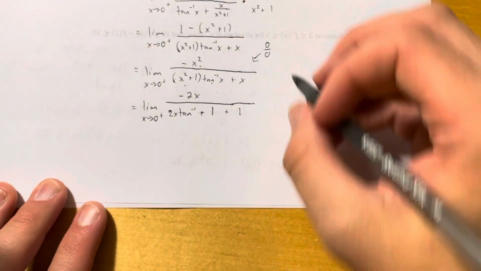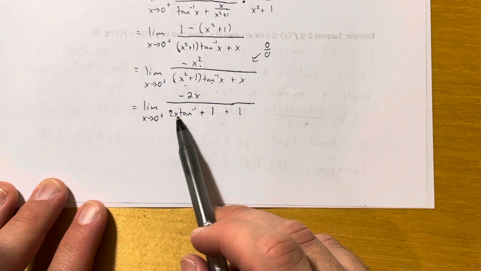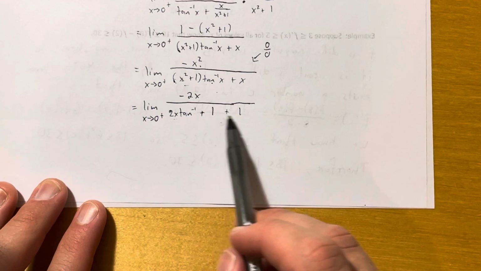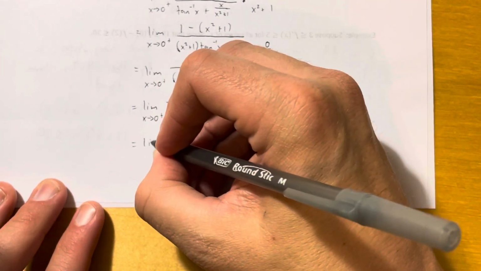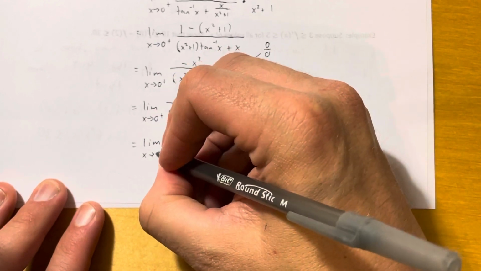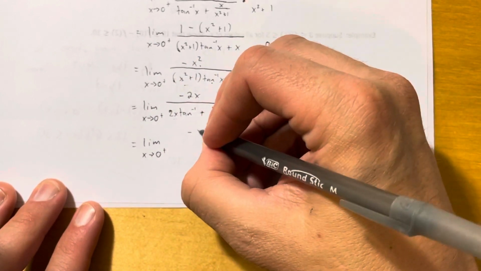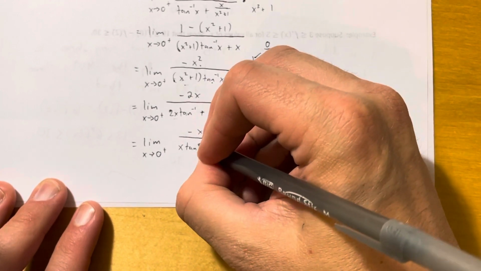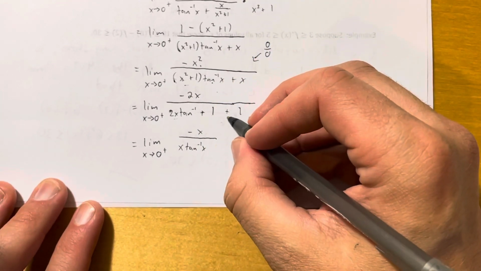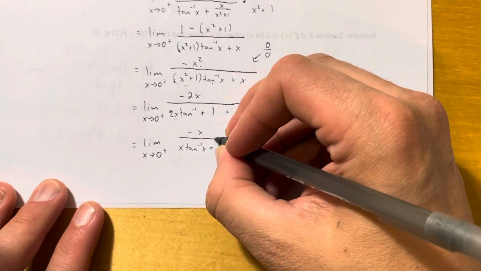Okay? Simplifying this down a little bit, I get 2x inverse tangent of x plus 2. I also have a minus 2 up here. I get a bunch of 2's that can cancel out. So this becomes the limit as x approaches 0 from the positive side of negative x over, canceling that 2 gives me x inverse tangent of x. 1 plus 1 is 2. Canceling the 2 gives me a 1 right there.